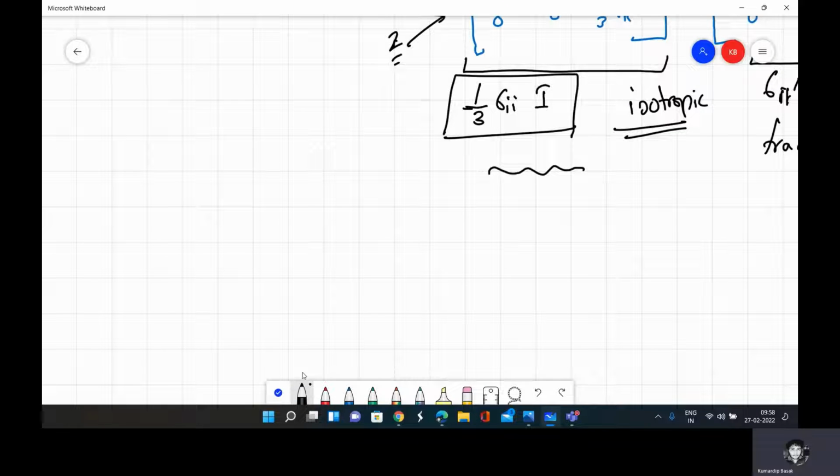What did we say about this isotropic part? This isotropic part is rotationally invariant. Therefore, if we consider a fluid element with spherical symmetry, or in 2D a circular fluid element, then the forces acting on it, because stress times area gives the forces with the area normal.